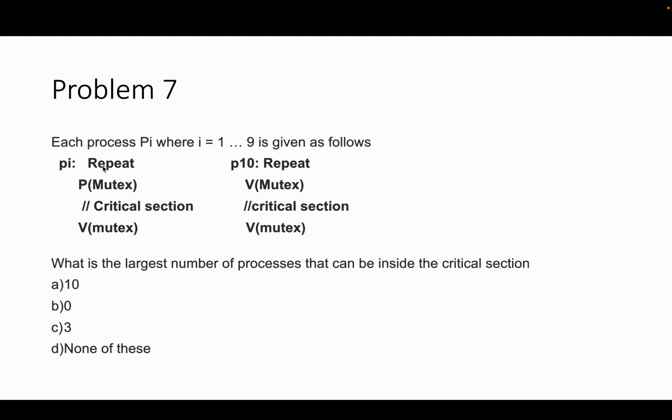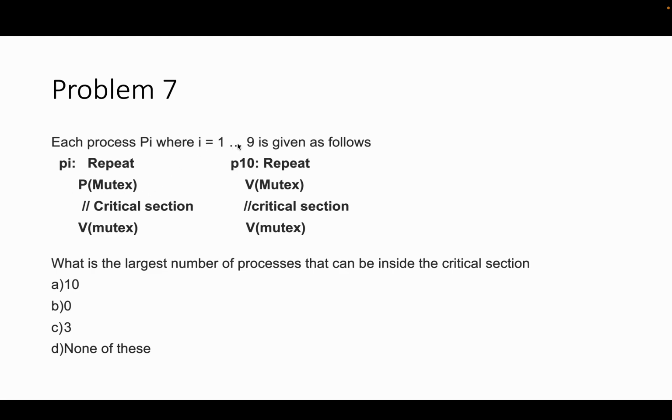And P10 also repeats. So what is the largest number of processes that can be inside the critical section? There are only 10 processes here, from P1 to P10, and you have been asked the largest number of processes that can be inside the critical section.